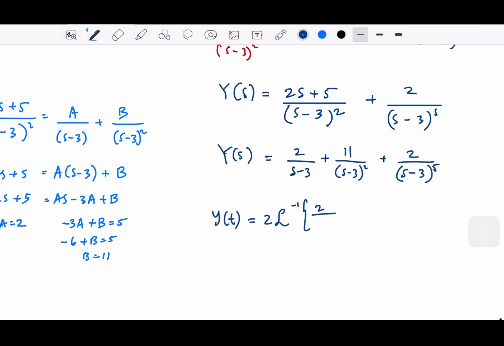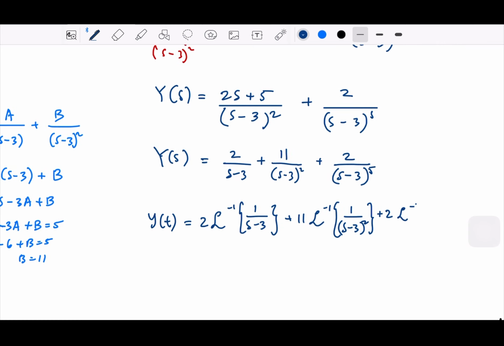Taking the Laplace inverse, it should be 2 Laplace inverse of 1 over s minus 3, plus 11 Laplace inverse of 1 over s minus 3 squared, and then plus Laplace inverse of 2 over s minus 3 with power of 5. This is not 2, this should be 1.